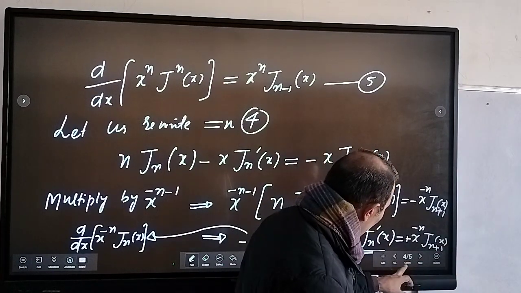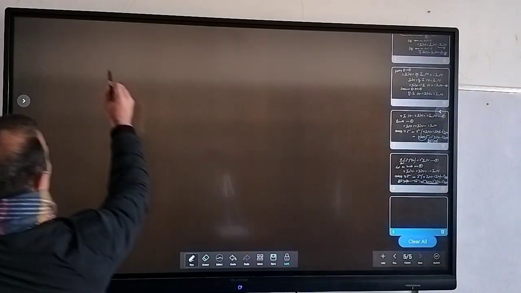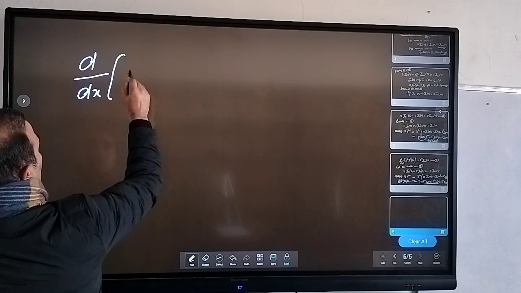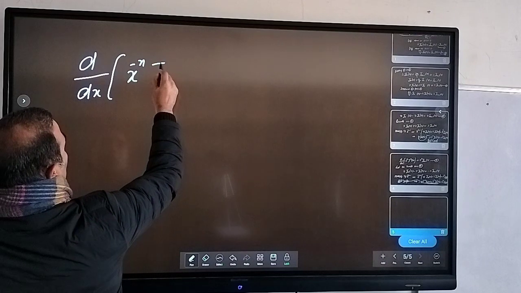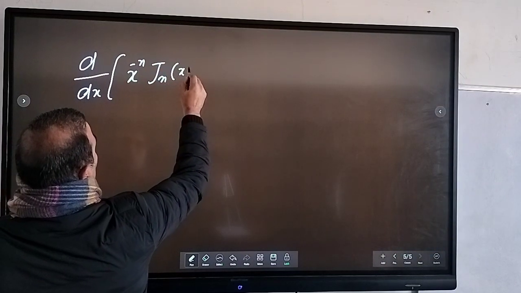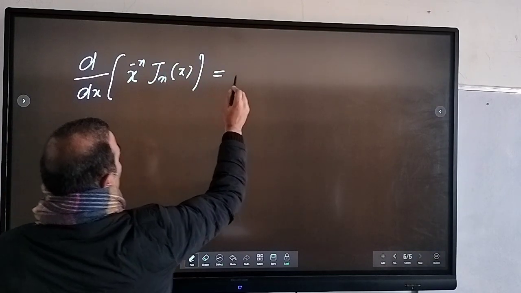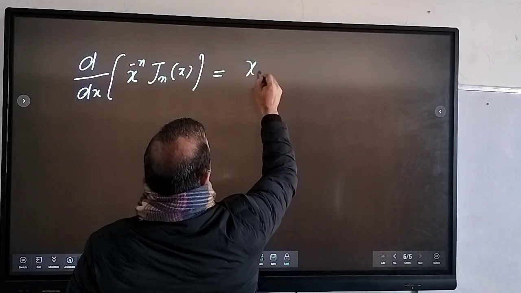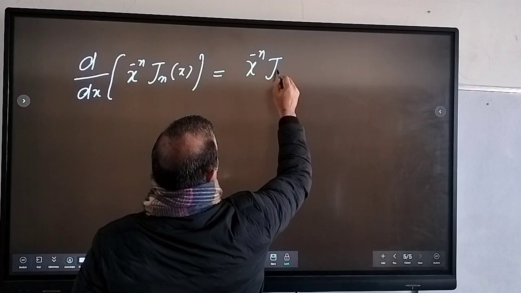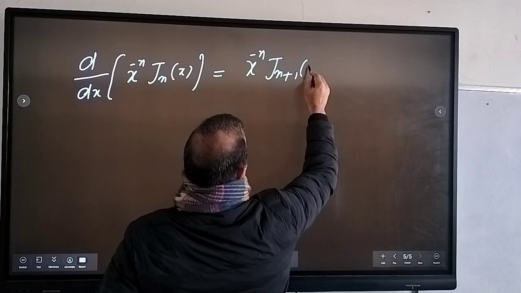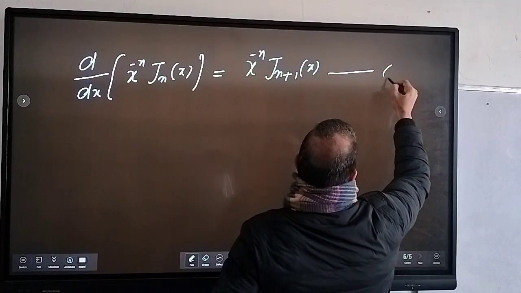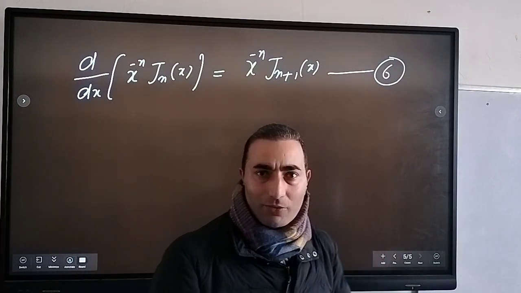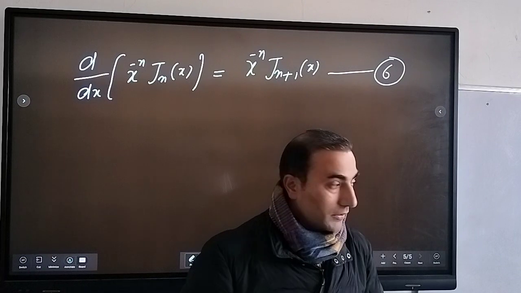So that means we can have one more relation, that is d by dx of, right. So that will be equal to, so this one, 6 relations, because we have almost 6 relations and we can get some more relations.